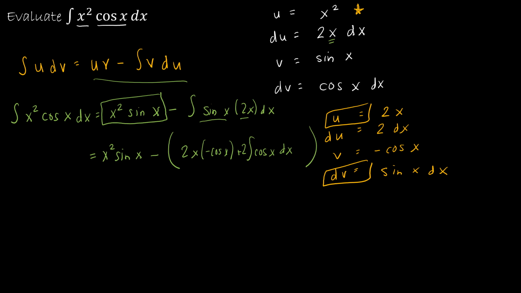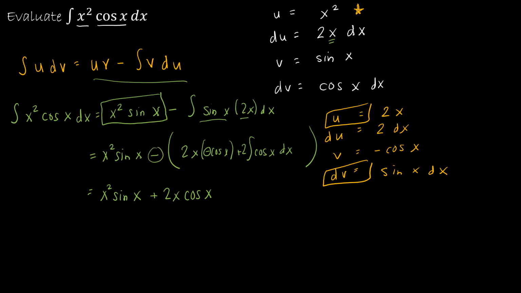So now, again, x squared times sine of x minus, and this is actually going to be a plus because I've got a minus right here. So this is going to be plus 2x times the cosine of x. And then I'm integrating again here. I'm integrating cosine of x. And cosine of x is going to give me sine of x.